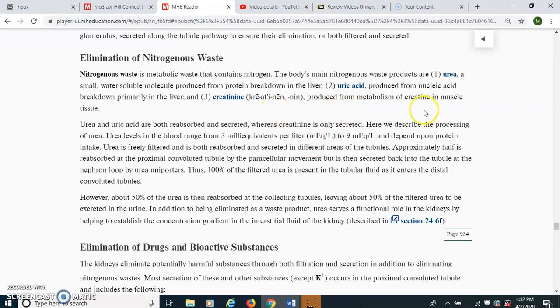And then there's a lot of different ways you can determine kidney function, as far as if the kidneys are healthy and working properly.